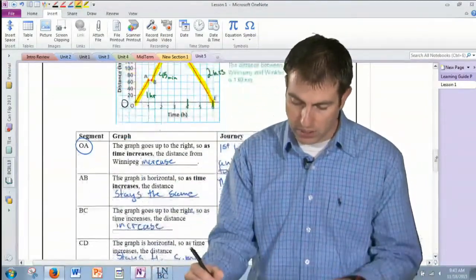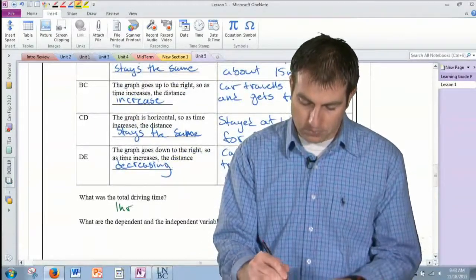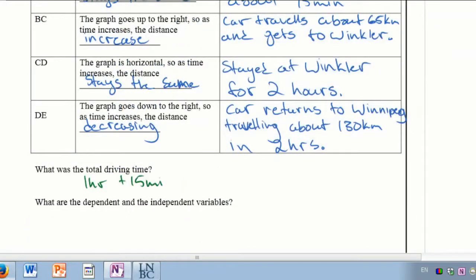So if I add all those together, I have 1 hour plus 45 minutes, and then I have another 2 hours. So in total that would be 3:45. Or 3 hours, 45 minutes.